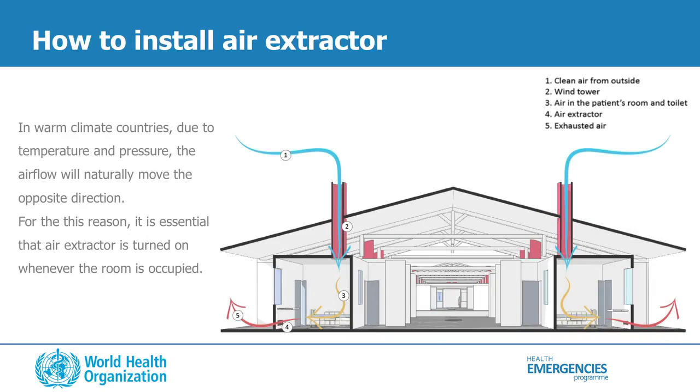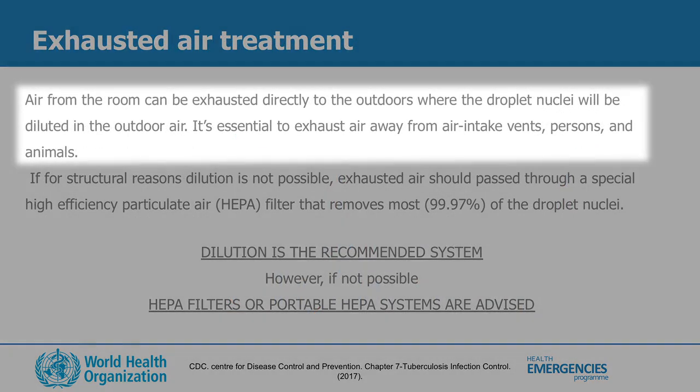In warm climate countries, due to temperature and pressure, the airflow will naturally move in the opposite direction. For this reason, it is essential that the air extractor is turned on whenever there is a patient in the room. Air from the room can be exhausted directly to the outdoors, where the droplet nuclei will be diluted in the outdoor air. It's essential to exhaust the air away from air intake vents, people and animals.